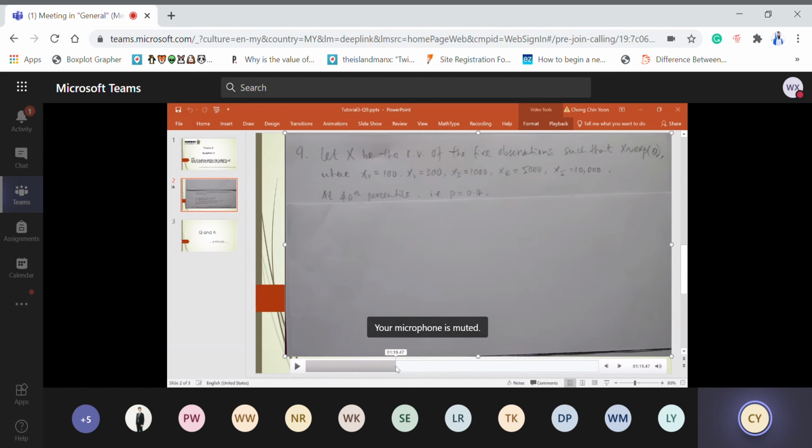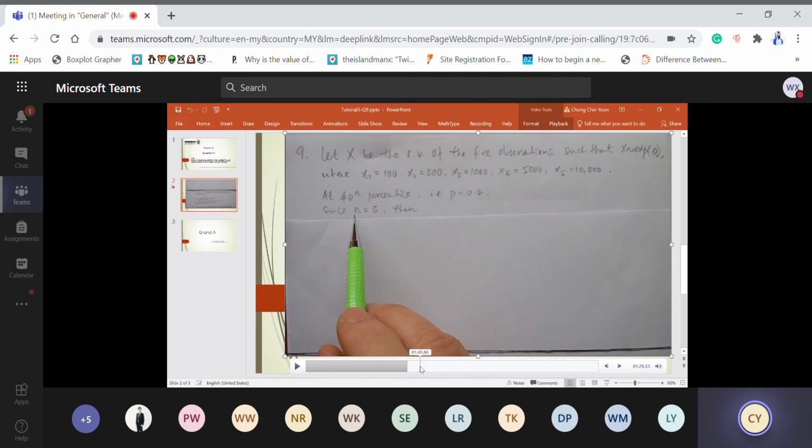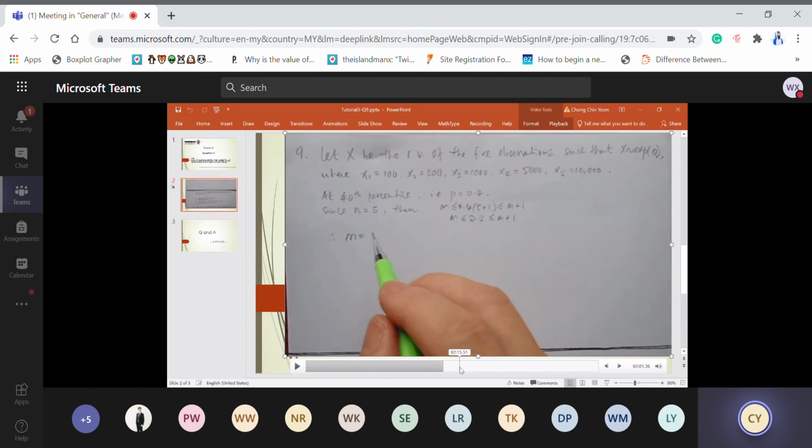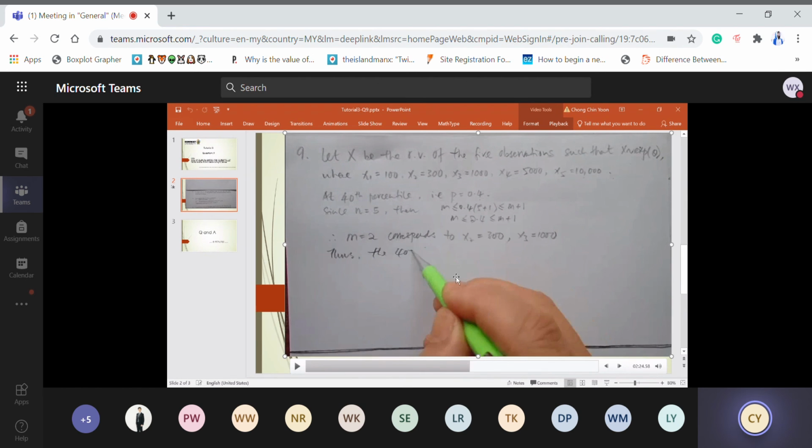Okay, do you understand? For number 9, quite simple. Based on these 5 observations, you need to calculate the m. I believe you know how to calculate the m. Once you have the m value, you can calculate the corresponding values x2 and x3. Apply the formula, then you can calculate the 40th percentile.